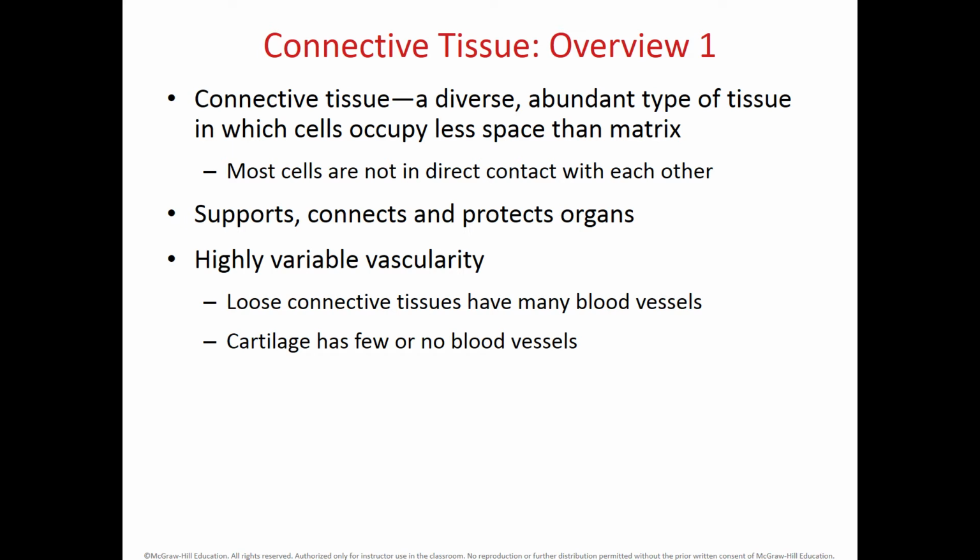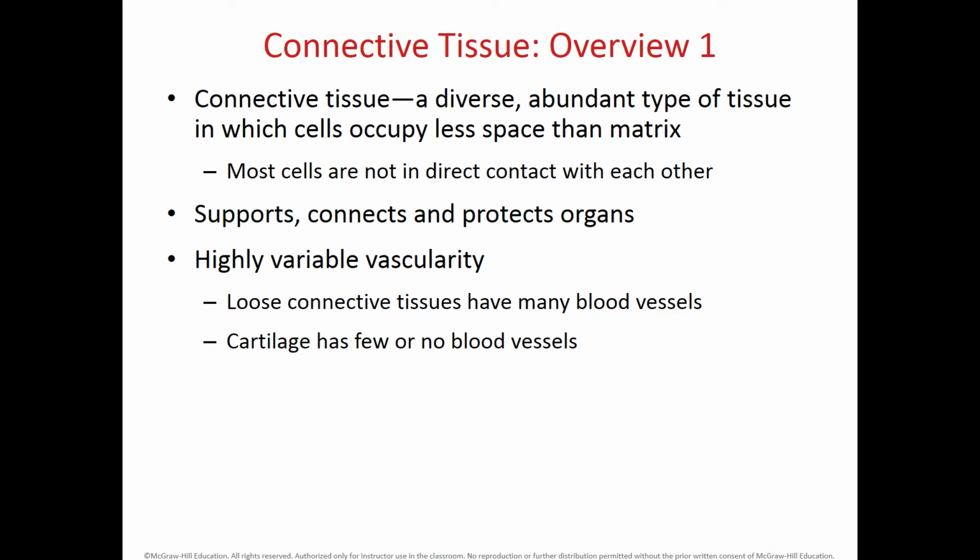Now for connective tissue. So connective tissue is the most diverse tissue type that we have. And in the connective tissue, we have very few cells and we have a lot of matrix. Now, because of this, most of the cells are not in direct contact with each other. And the functions of this connective tissue will be to support other cells, to connect cells, and to protect organs.